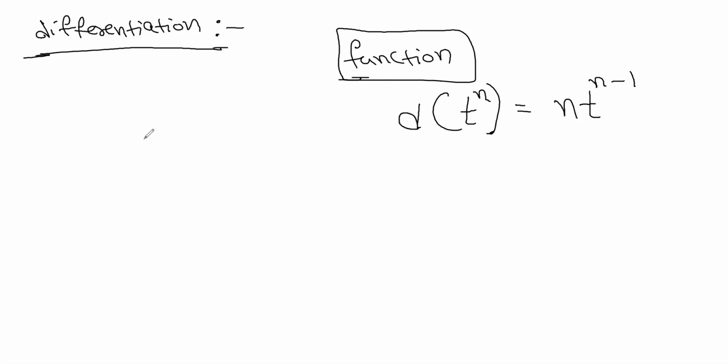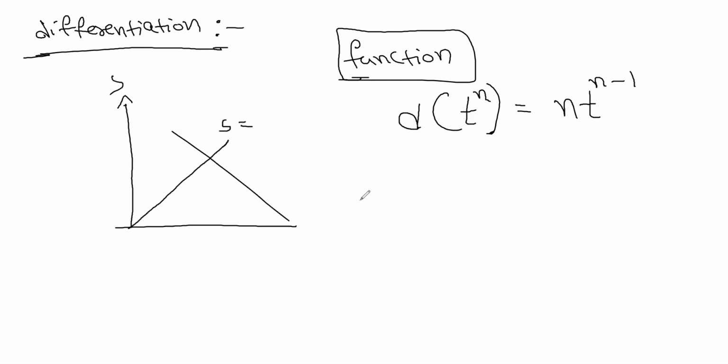Any particle follows some path when it is moving. Let us suppose this is the path of the particle, this is S and this is the time, and it is changing as 2t.